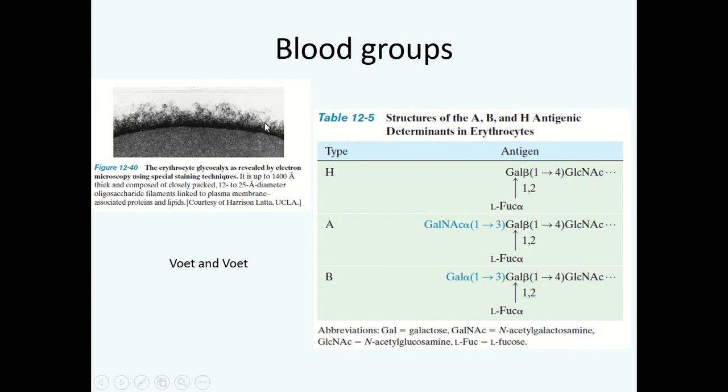On the outside of the cell, you can see a lot of structures projecting outward. These are all different types of carbohydrate moieties which are attached to different lipids and proteins on the surface of the red blood cell. Collectively, this entire structure of carbohydrates surrounding a given cell is called the glycocalyx of that cell.